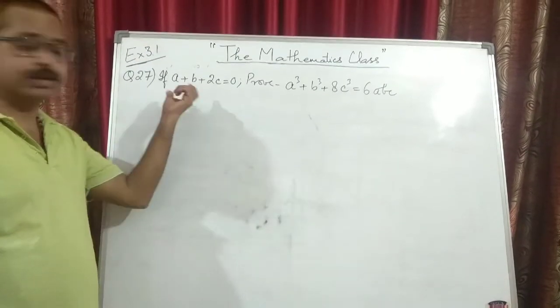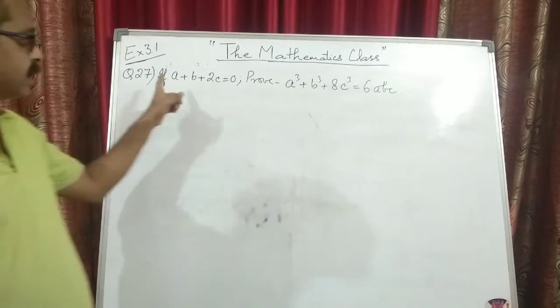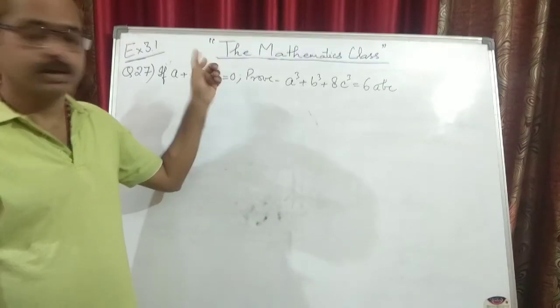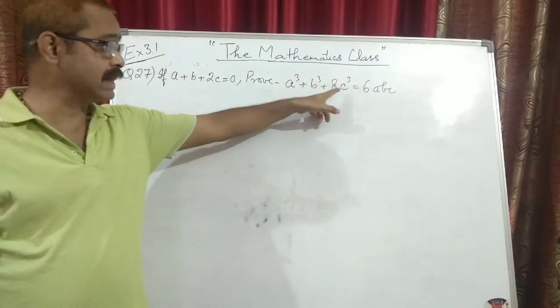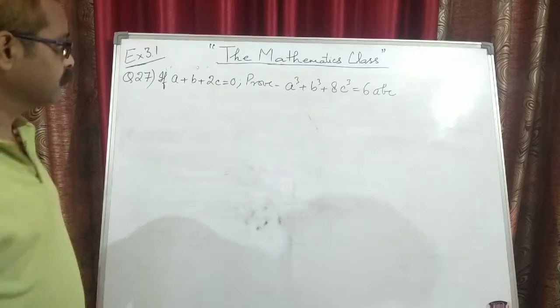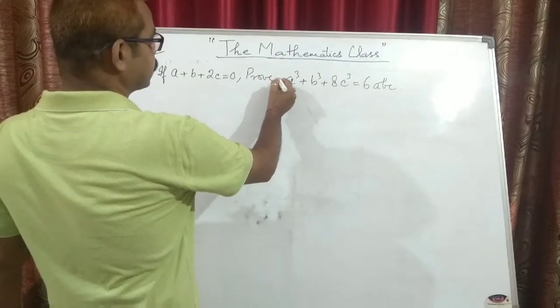In question number 27, it is given that if a plus b plus 2c is equal to 0, you have to prove that a cube plus b cube plus 8c cube is equal to 6abc. Now which formula are we going to apply in this?